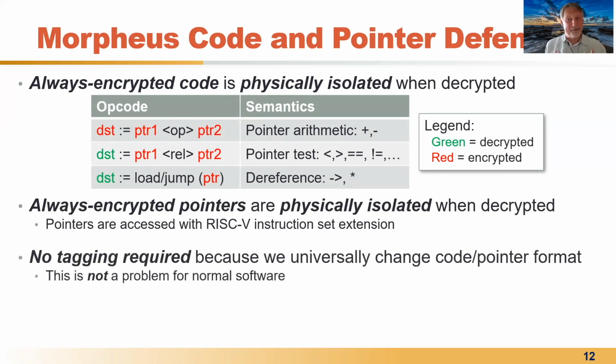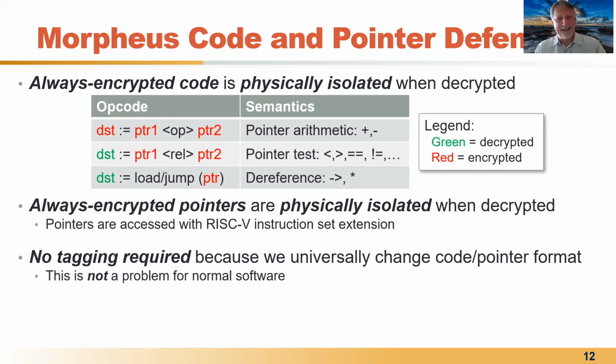Now, one of the things we did that was really successful on Morpheus is we don't have to tag the system. Normally, when you do a secure system, you'll have some encrypted pointers here and some unencrypted pointers there. These are special, protected pointers. These are not. And we tag everything, and the tags propagate through the memory system and the registers, and there's tag calculus, and oh my gosh, it's horrible. You basically puke out complexity into your entire design.